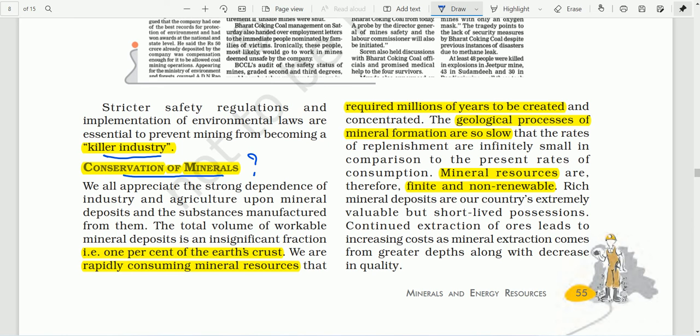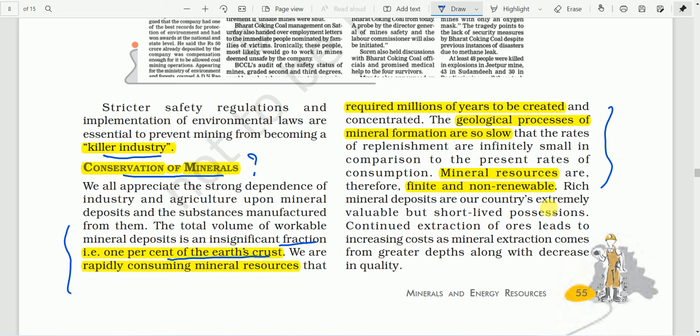And about why conservation is needed, it is given here. Let us read this area. The total volume of workable mineral deposits is an insignificant fraction, only 1% of the total volume of the earth crust.